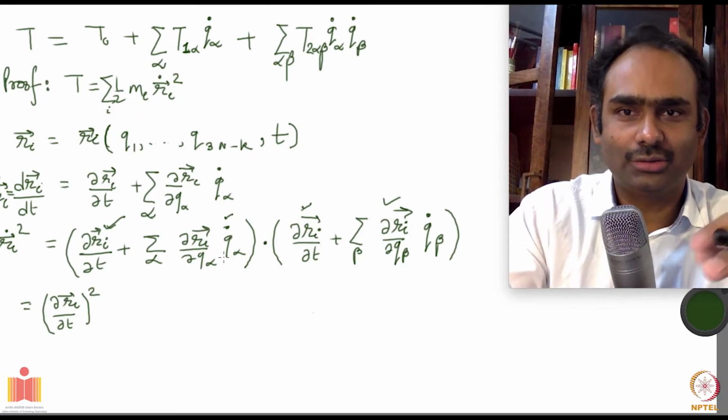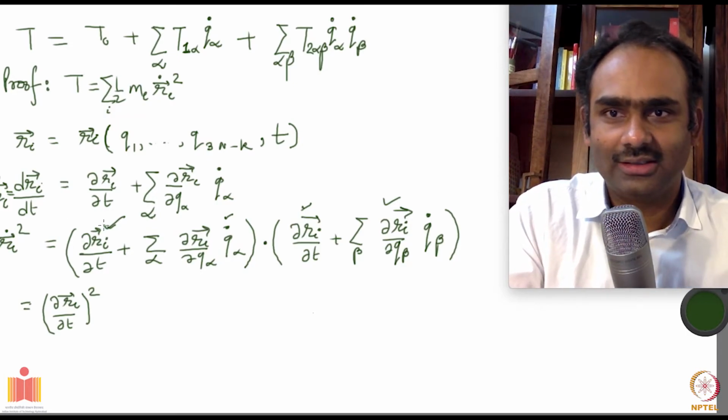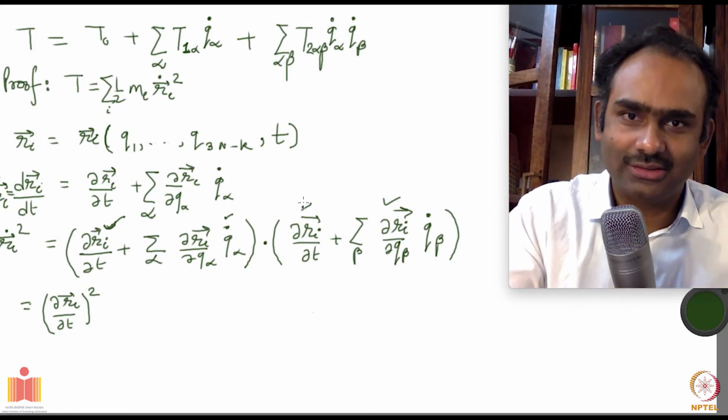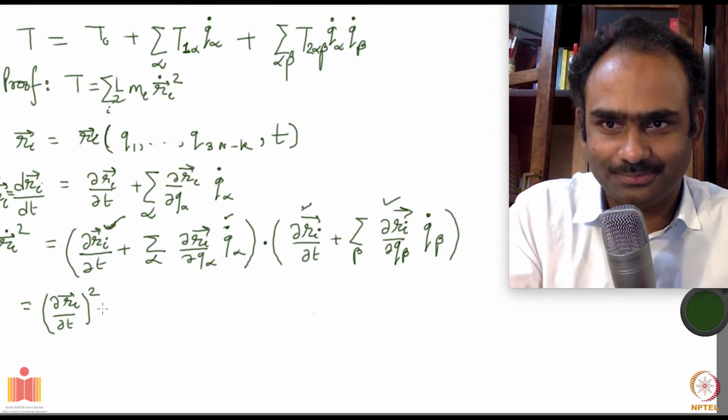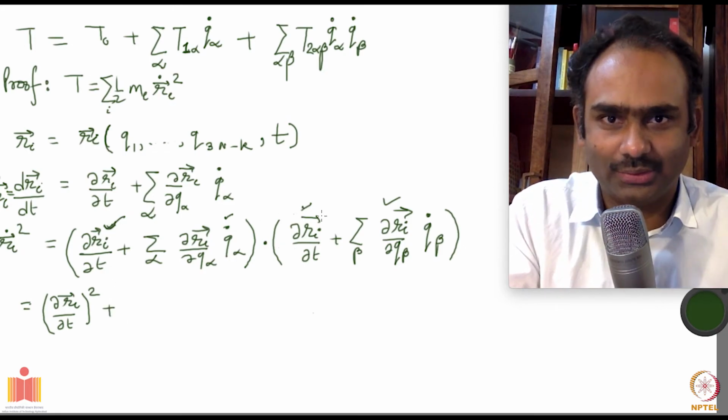So in these two products, this times that and that times this, I can use the same indices. Maybe I'll go slowly so that you can see. Plus, let's multiply this with that one.